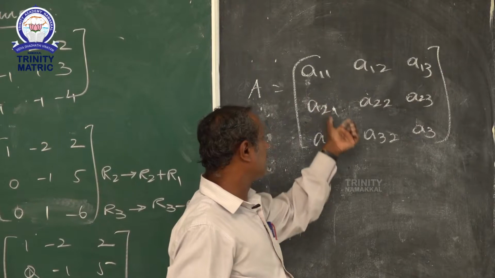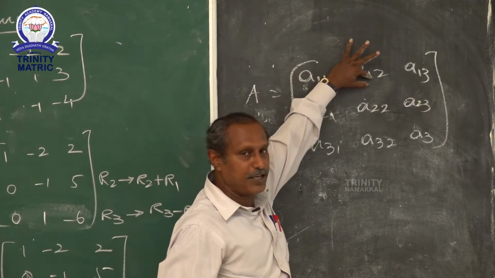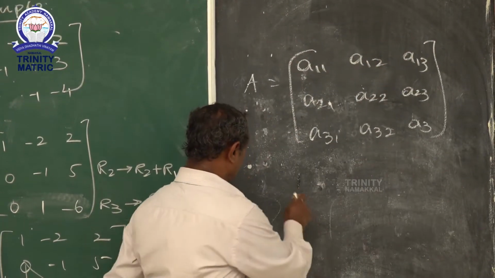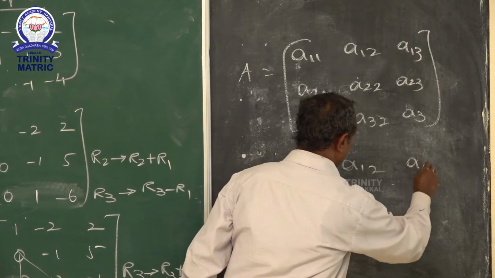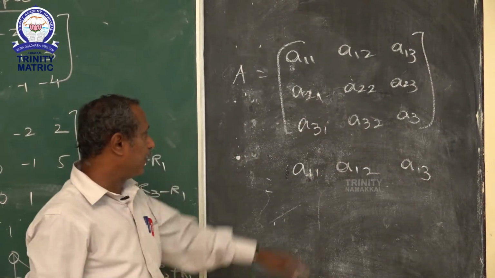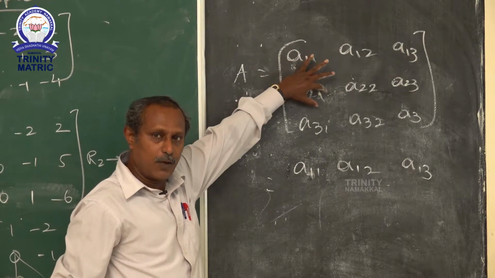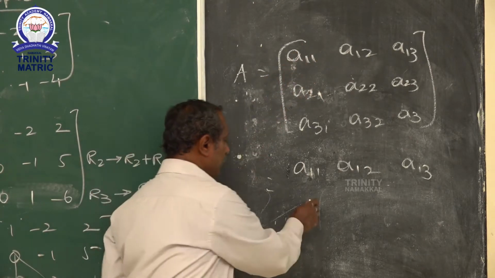Here, A11: both values are equal. A12 and A13: i is less than j, so the first row comes as it is. A11, A12, A13. In the second row, A21: 2 is greater than 1, so i is greater than j and this value becomes 0.